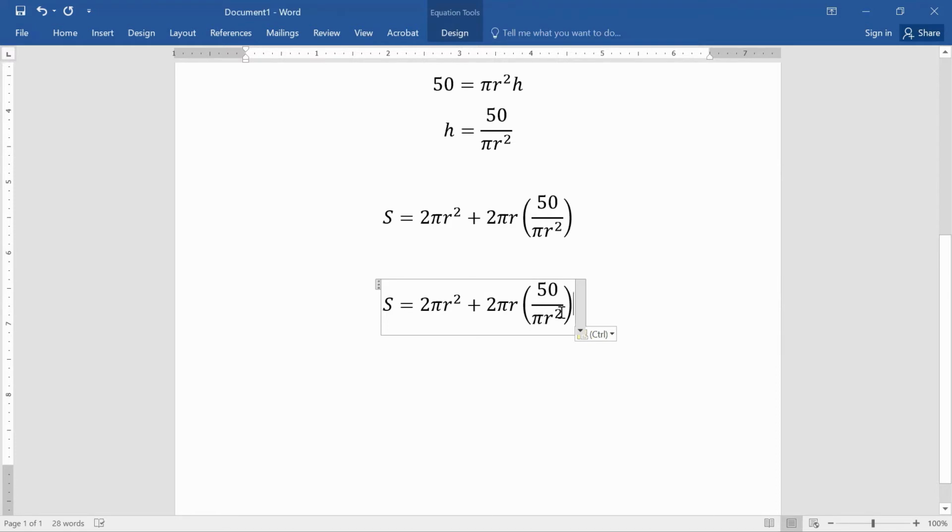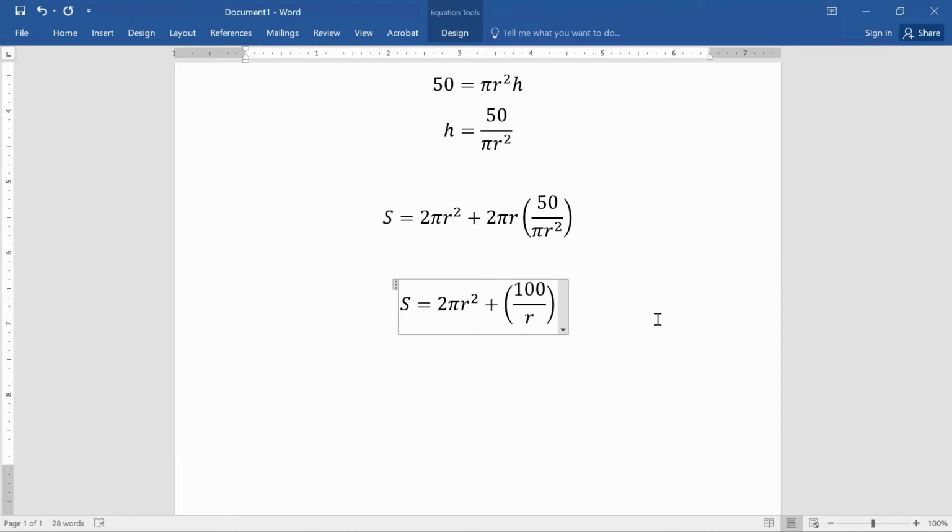The pi in front can cancel with the pi in the denominator. And then one copy of r can cancel with one copy of r in the denominator. 2 times 50 becomes 100. And our equation becomes 2 pi r squared plus 100 divided by r.